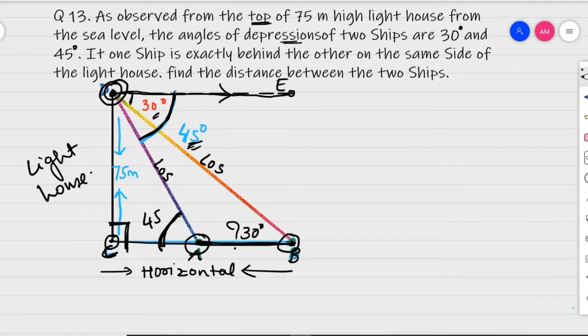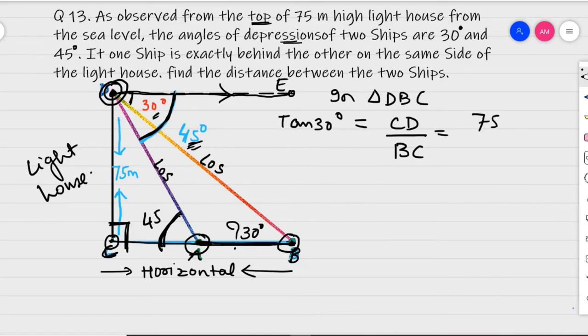Now let us consider the bigger triangle DBC. In triangle DBC, tan 30 you have to take, because the opposite side is given and you have to find AB. So tan 30 degrees will be opposite side CD over adjacent side BC.